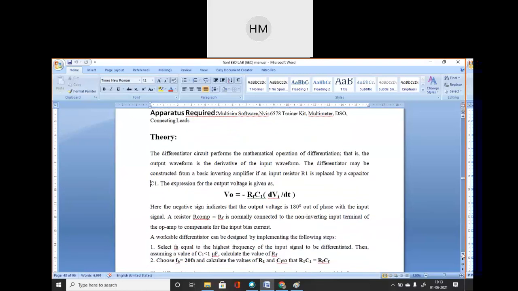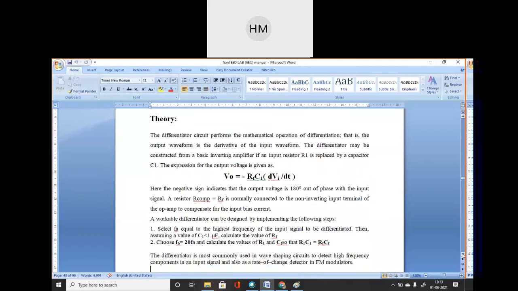That means from this you can come to know that we are using inverting amplifier mode. I am using inverting amplifier mode, therefore the minus sign has come. RF is normally connected to the non-inverting input terminal of the op-amp to compensate for the input bias current.